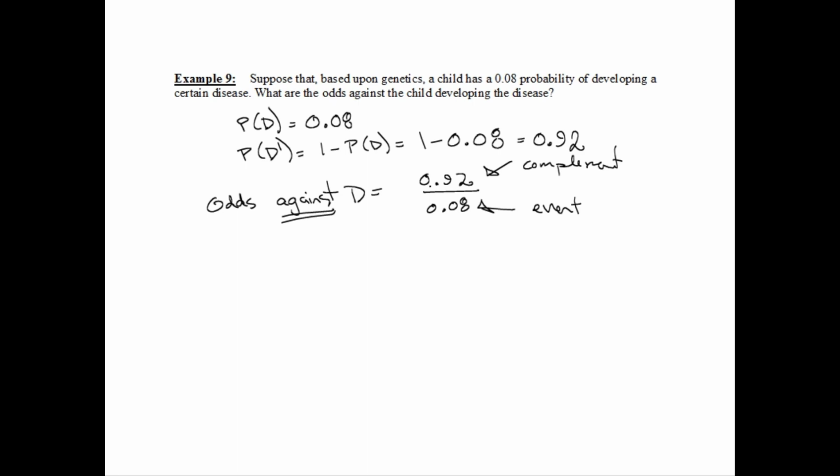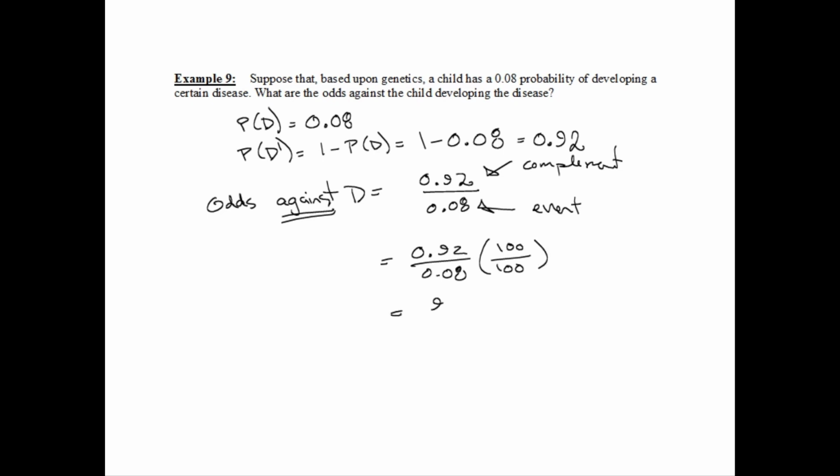Now these are both written as decimals, so let's multiply both of them by 100. You'll probably do this in your head and not write it, but that's okay. I'm going to write it.